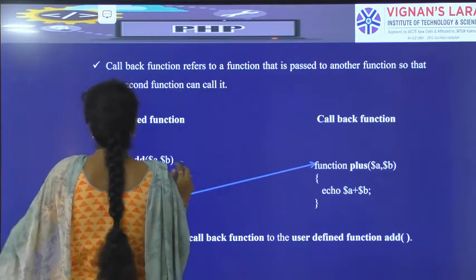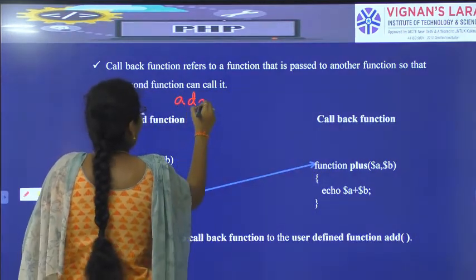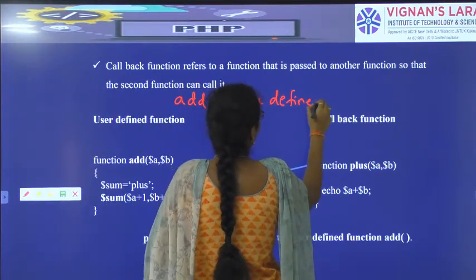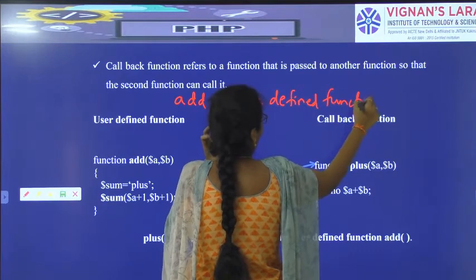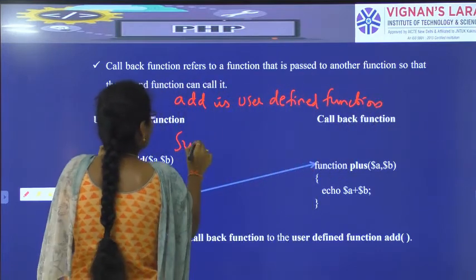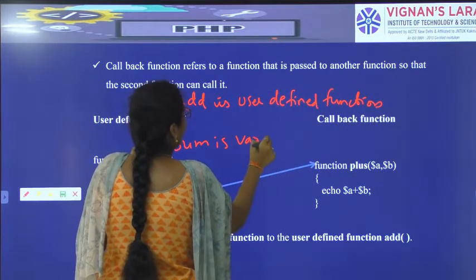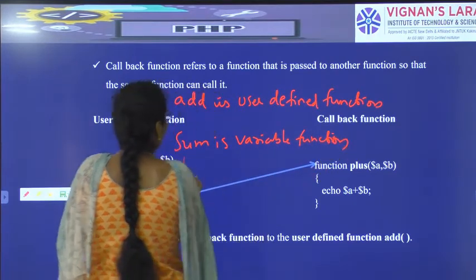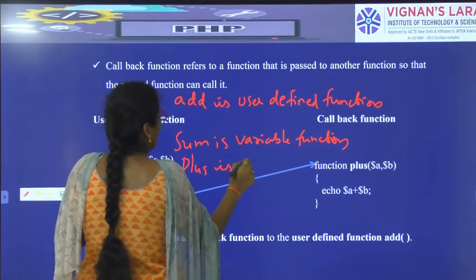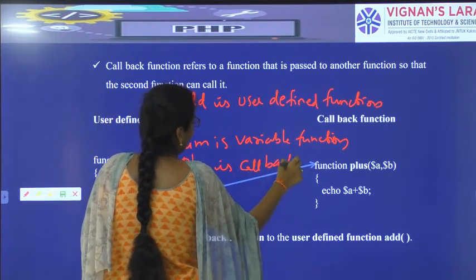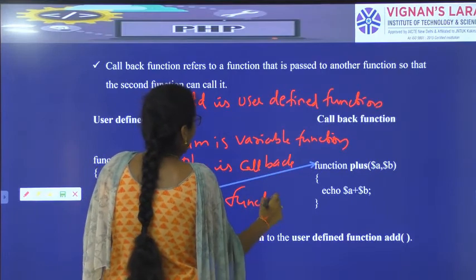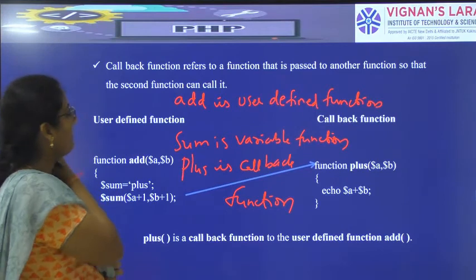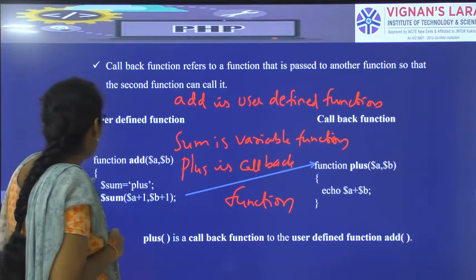So in this particular example, add is the user-defined function, sum is the variable function, plus is the callback function.